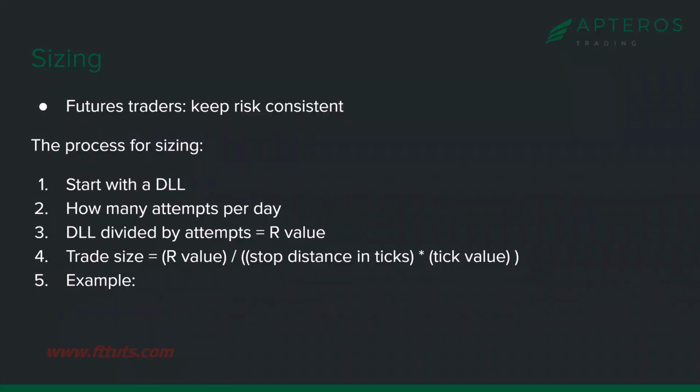I think futures traders should essentially keep risk consistent. I think there are other types of trading where you have amazing opportunities and then just a feeler trade here or whatever. But futures traders trading a similar basket of products, of contracts, day in and day out, we don't really have the best sense of, oh, this one's really going to work, it's got XYZ behind it, and then, oh, this one's not as good.